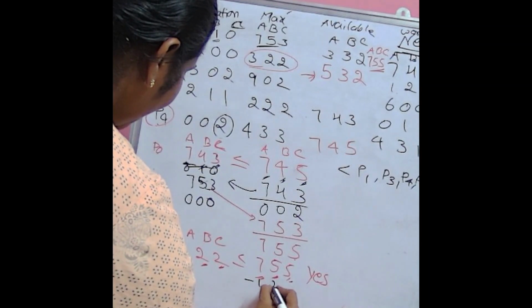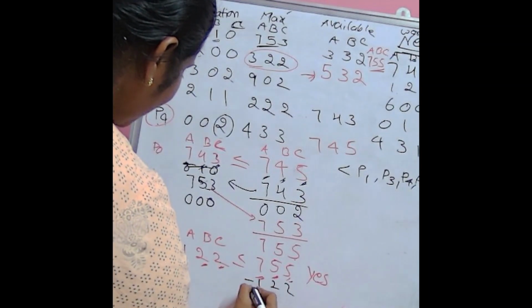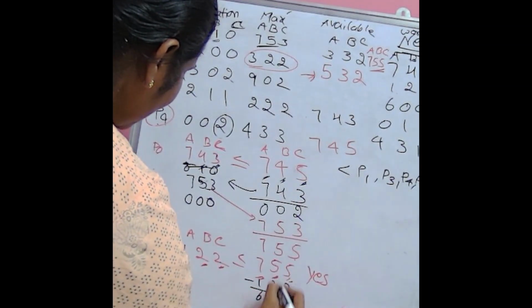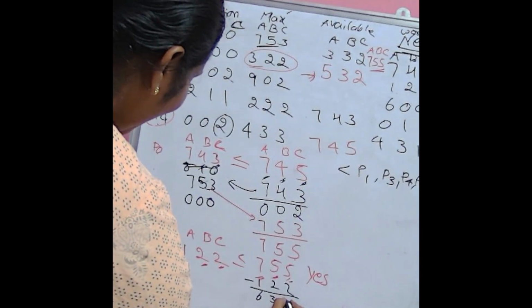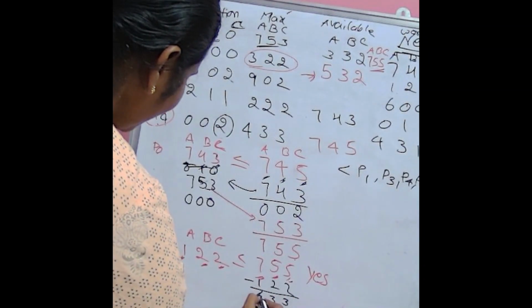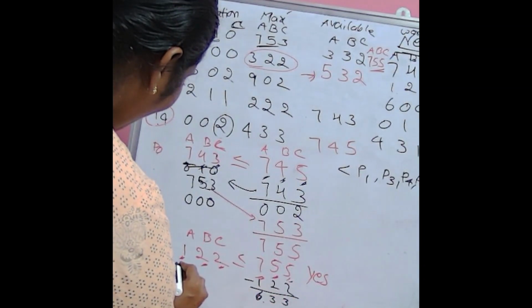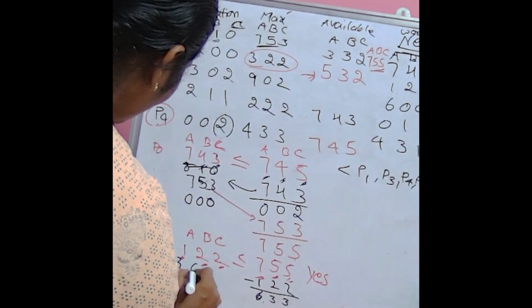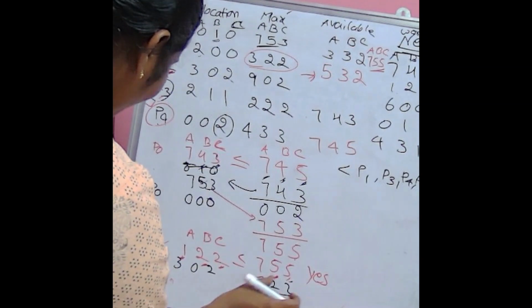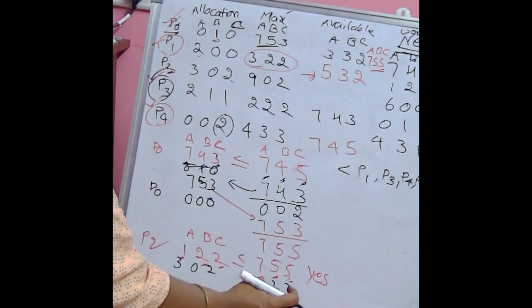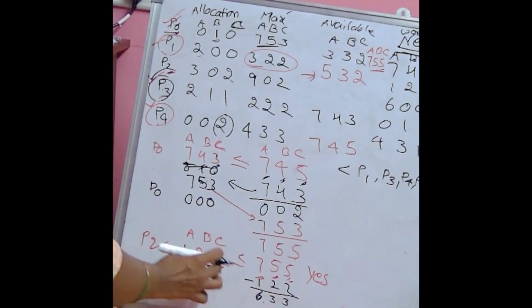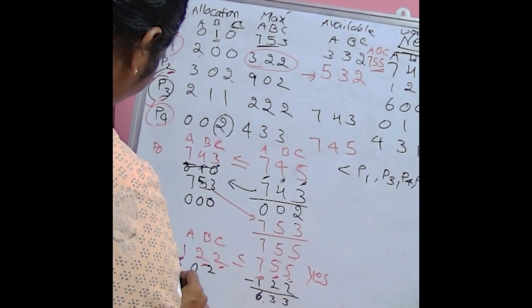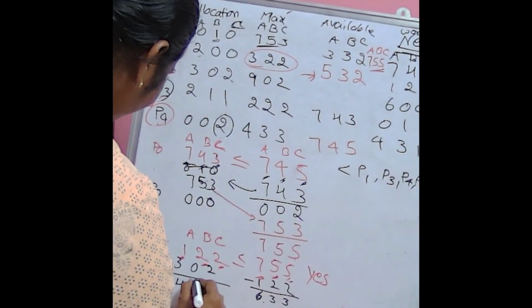After allocating, this is the available, and these are all added to what P2 already has, 3 0 2, and this is deallocated from the system and allocated to P2.